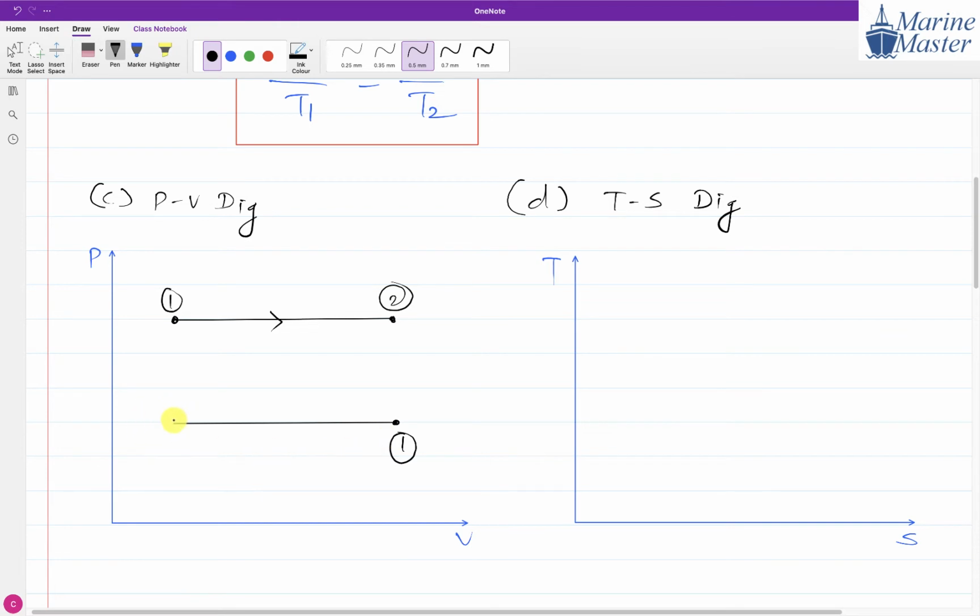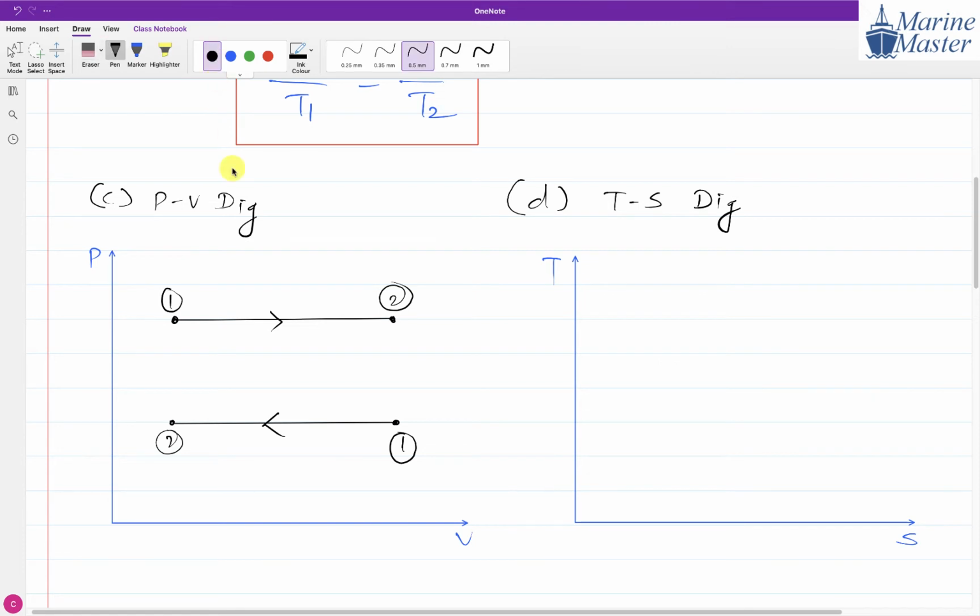Before the heat addition or heat rejection, what is the first basic difference? Here the volume is increasing from 1 to 2. And in the other, from 1 to 2, the volume is decreasing.